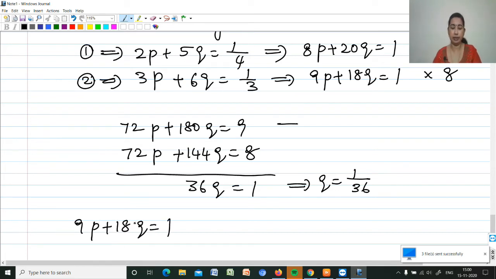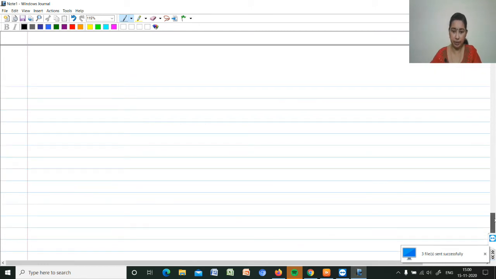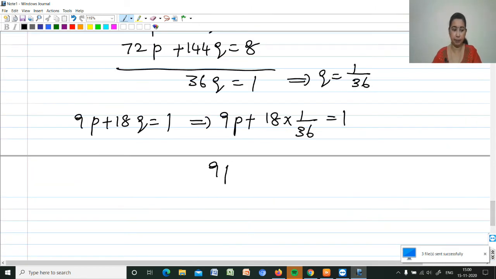In that we can put the value of q, so that 9p plus 18 into 1 by 36 is equal to 1, or 18 by 36 is 1 by 2. So 9p is equal to 1 minus 1 by 2, which is equal to 1 by 2.